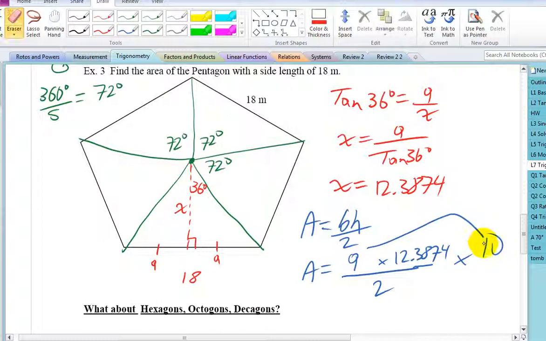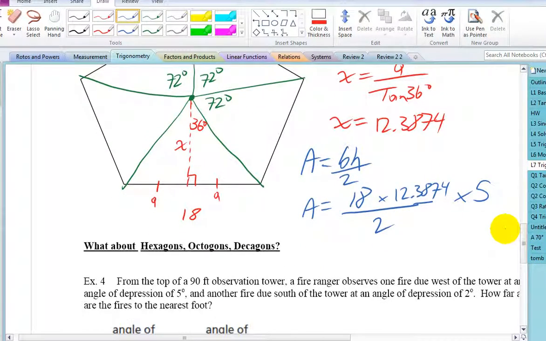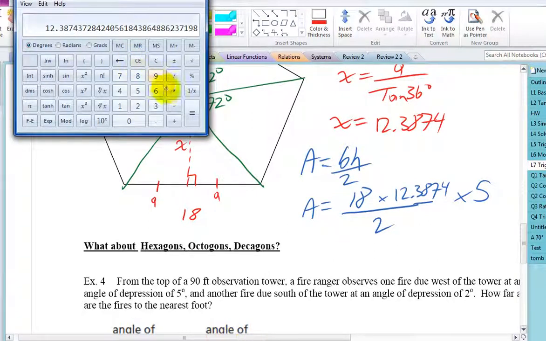But let's be a little more careful though, and let's use the full base of 18. And how many triangles are there of base 18? 5. So you got to be careful with this question. Now that you have that number in your calculator, multiply by the base of 18, divide by 2, times it by 5, and there's your answer.